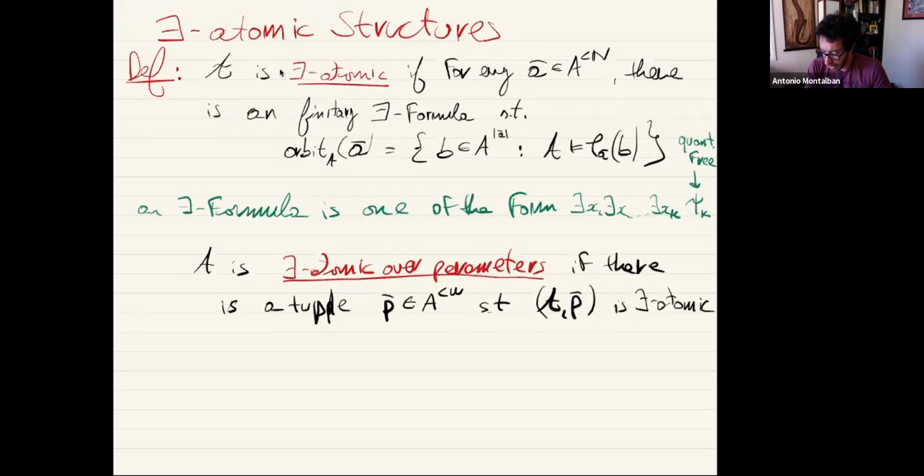That's what it means over parameters. If you fix some parameters, then the structure becomes existentially atomic.